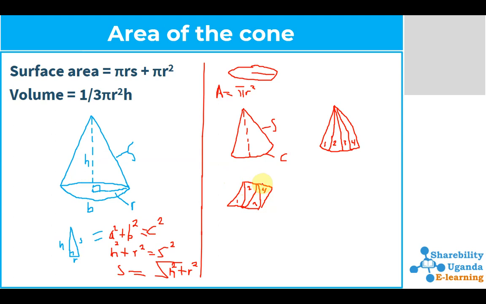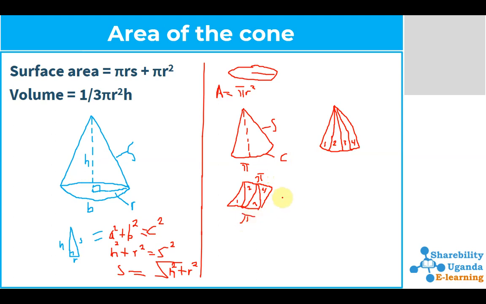Now, for us to find the area of this, if we used this as our pi, that means for this sector that we have separated, this is going to be our first pi, and this is also going to be another pi.